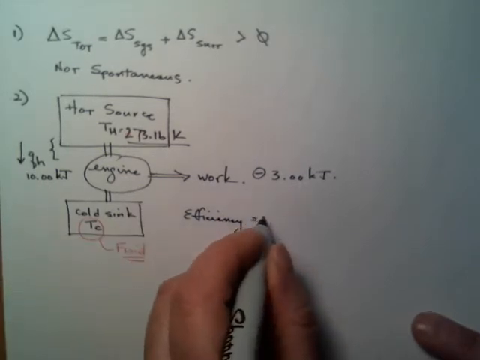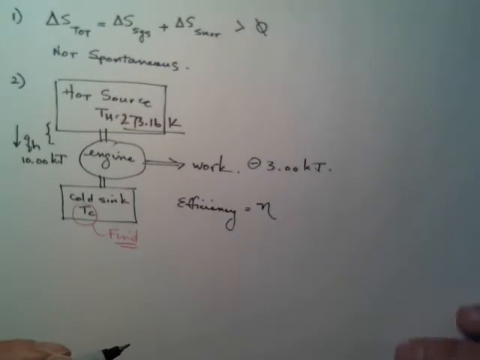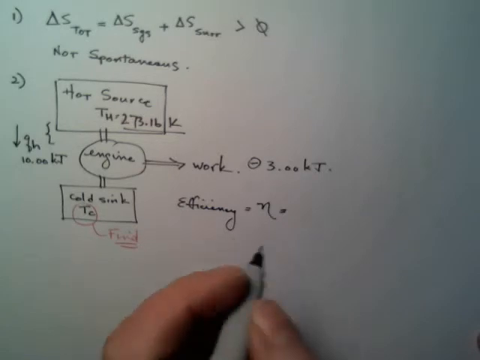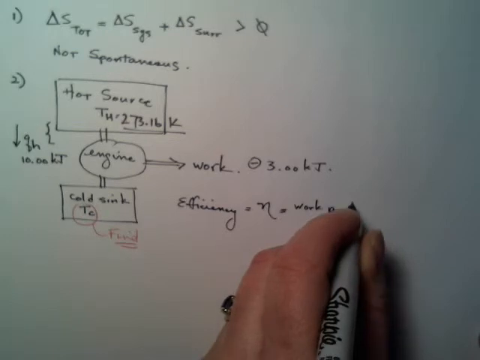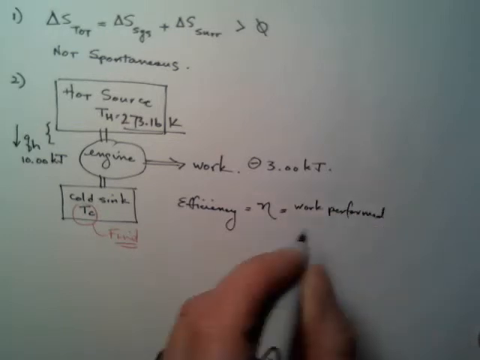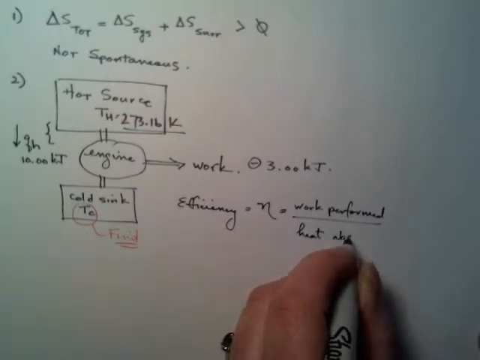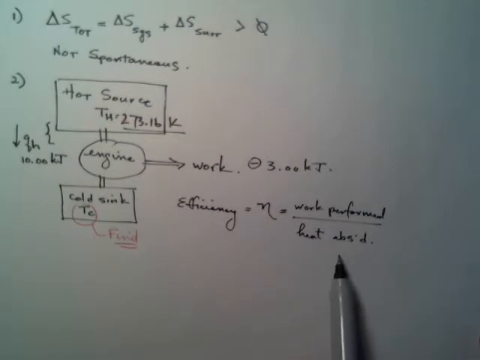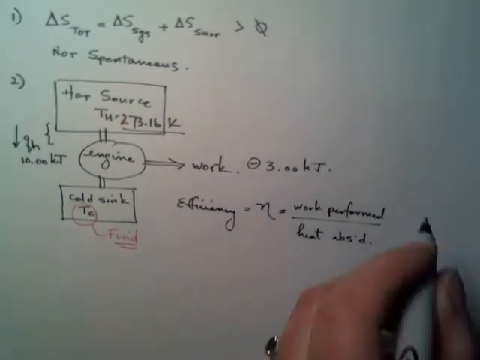Efficiency is equal to, it's got this letter here that kind of makes it look like a viscosity term, but that's our term for efficiency. And it is quite logically equal to the work performed divided by the heat absorbed. So what Q is that if it's the heat absorbed? Yes, it's the Q hot, and in fact that's the one that's given.